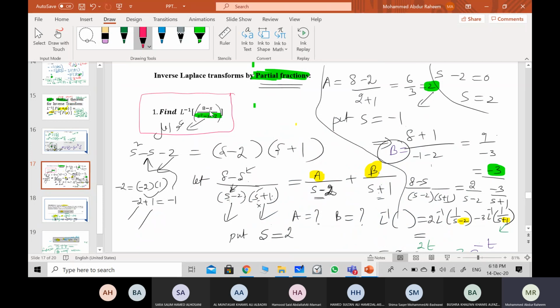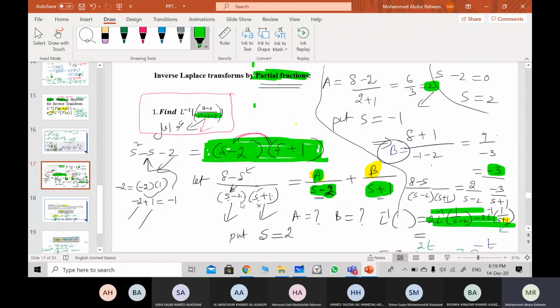In the denominator, 2 factors. Then we have to take like this, A over first factor, like this. This way we need to follow now, okay?